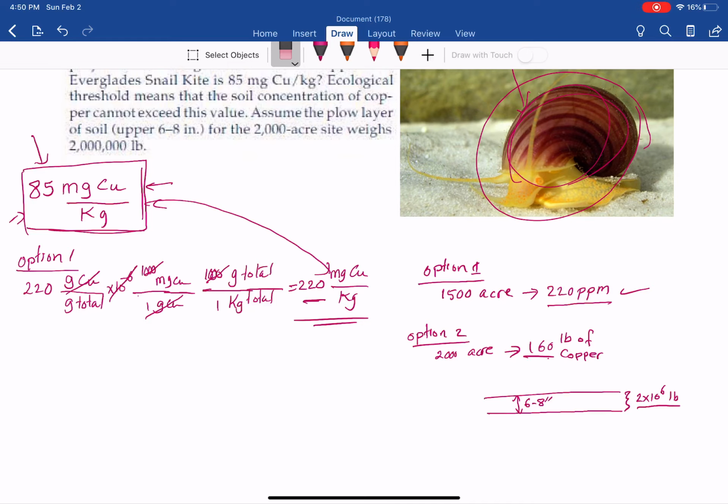This is much higher than the standard. Now let's look at the next option, option number two.